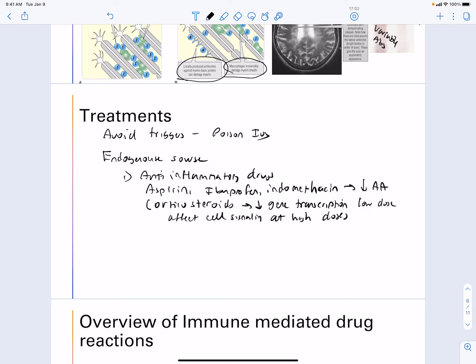It has the greatest impact on phagocytic cells. And it's too toxic to use for long term.